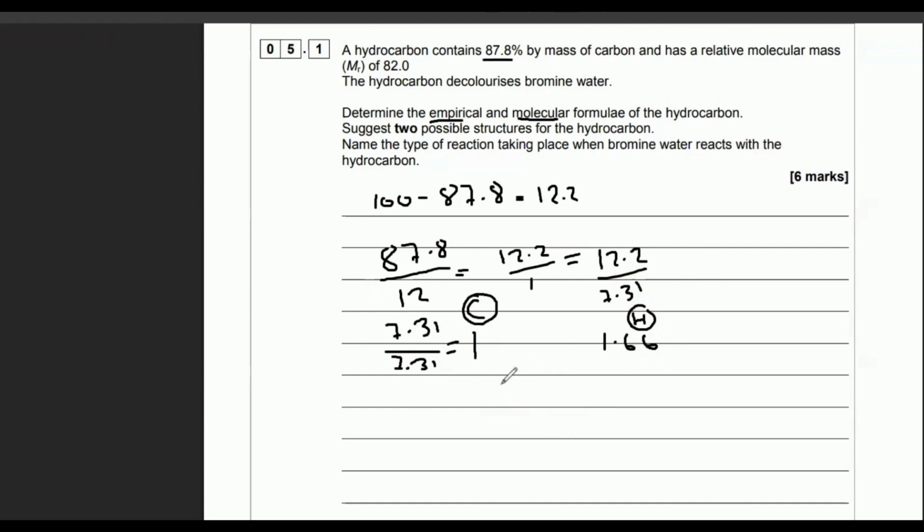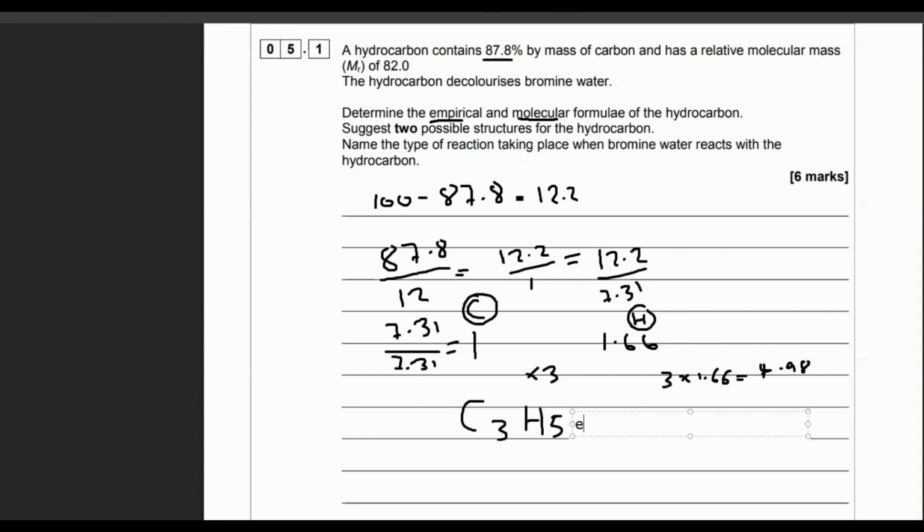So if I times by 3, I'm going to get C3, and 1.66 times 3 gives 4.98, which is 0.02 away. So that is good enough. So C3H5. You might say, oh, it's not a whole number, well, it's close enough, it's like 4.98. So this is the empirical formula.